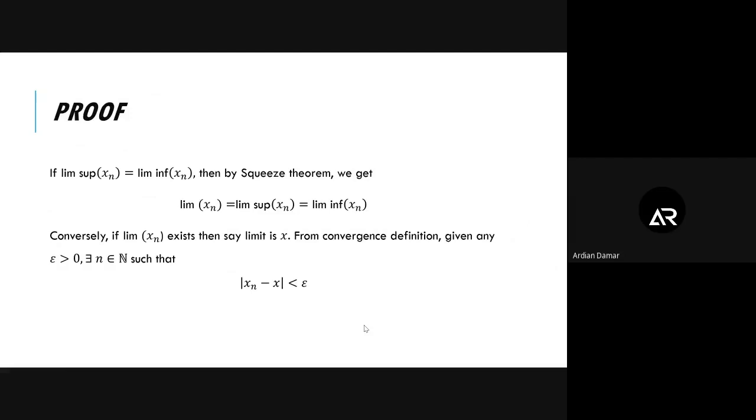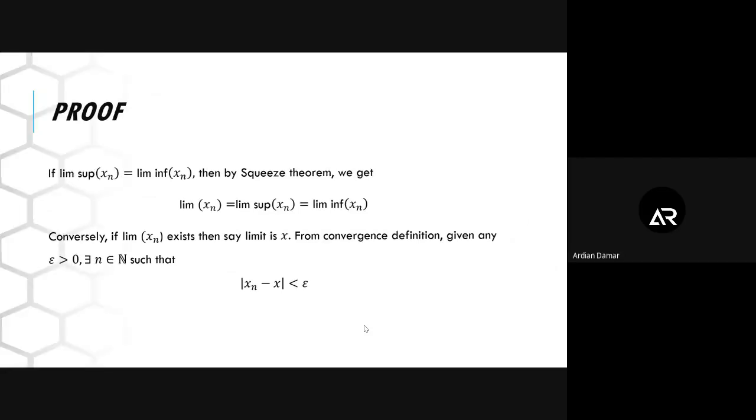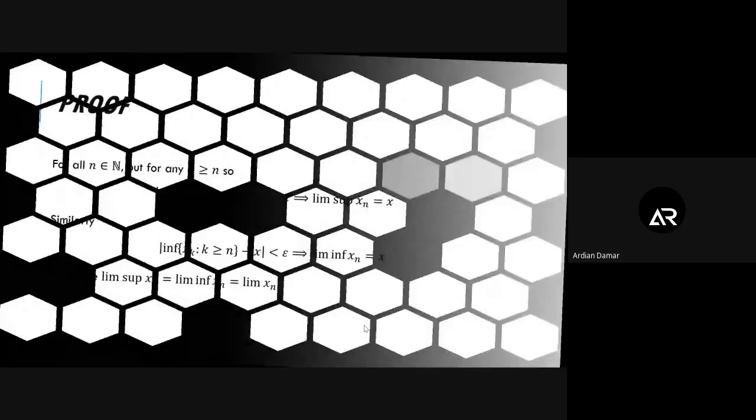Conversely, if limit xn exists, then say the limit is x. From the convergence definition, given any epsilon greater than 0, there exists n an element of the natural numbers such that the absolute value of xn minus x is less than epsilon. The same holds for all n elements of the natural numbers, and for any k greater than or equal to n, so the absolute value of the supremum of xk with k greater than or equal to n, minus x, is less than epsilon, which implies limit superior xn is equal to x.